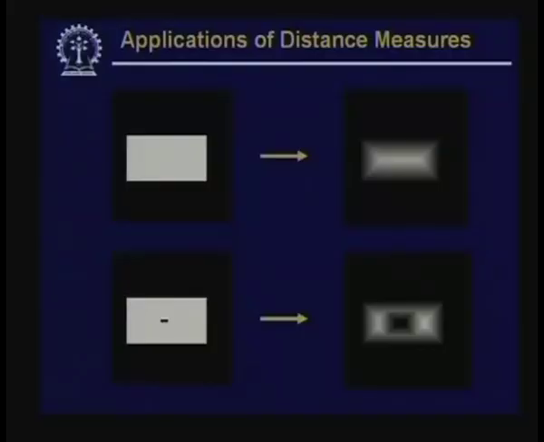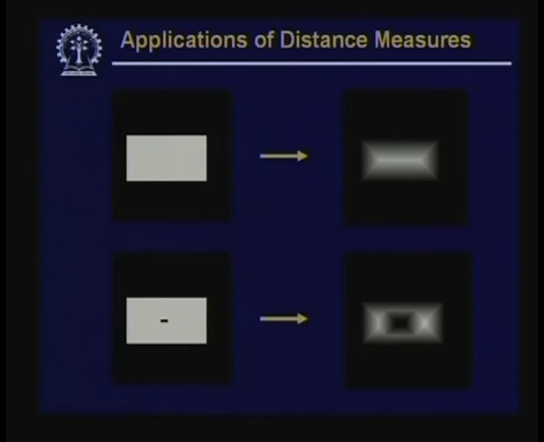Now if I apply the distance transformation to the shapes that we have just discussed, the two rectangular shapes, on the left hand side we have the original rectangular shape or the binary image. On the right hand side is the distance transformed image, and again, as you move inside the foreground region, the distance value increases gradually.